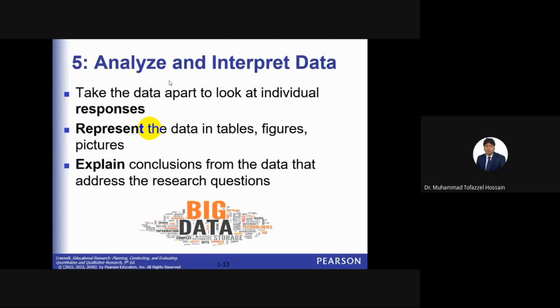You can show your data in tables, figures, charts, pictures, the way you think it can be more convincing or appropriate for the users.